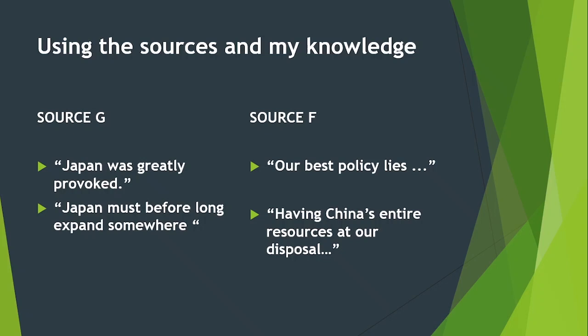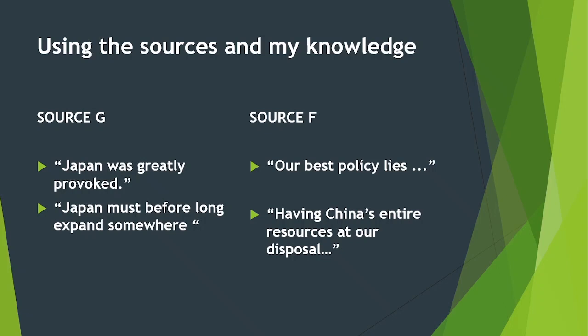So, source F seems to back source G on this point, to some extent. Look at the sentence I identify on the slide. Having China's entire resources at our disposal. That refers to Japan's long-term aims, though we can add it doesn't mention Australia.